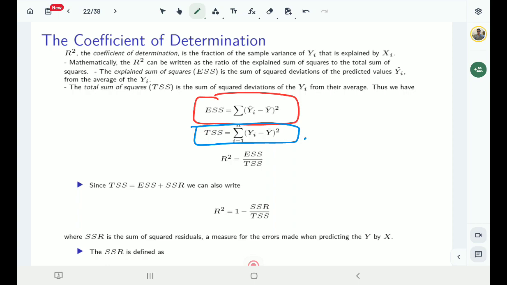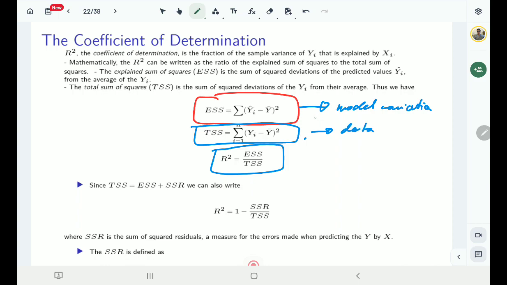mean, and then in the end, coefficient of determination, or R squared, becomes explained sum of squares divided by total sum of squares. So basically, this is the model variation. Okay, this is data variation.